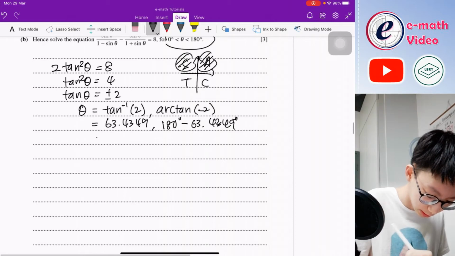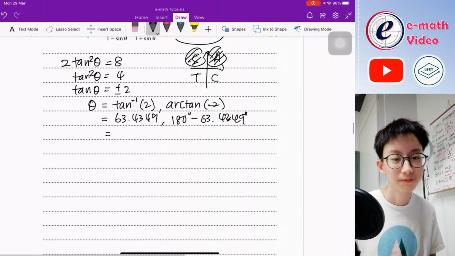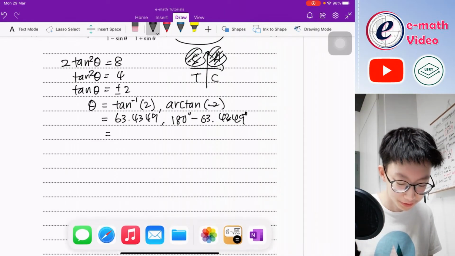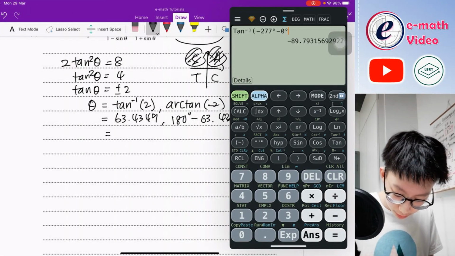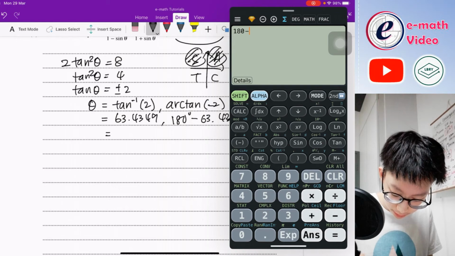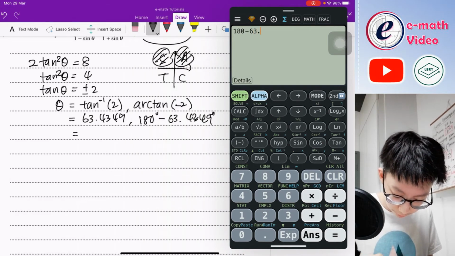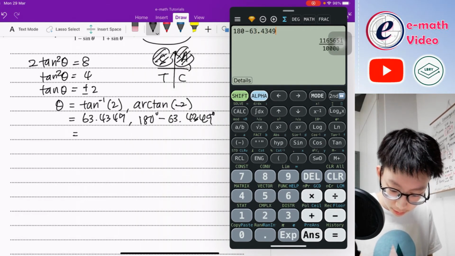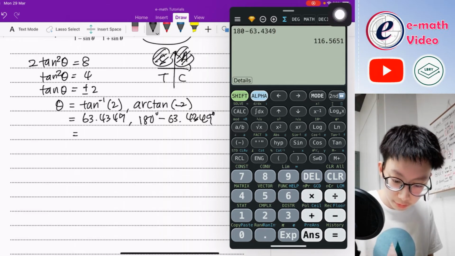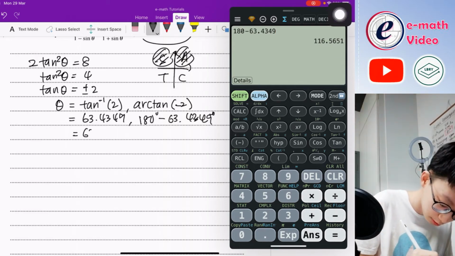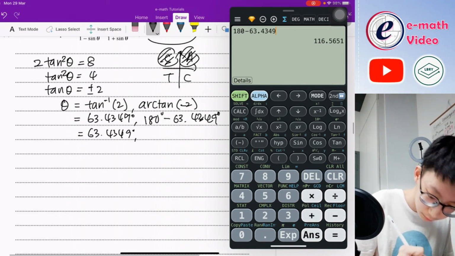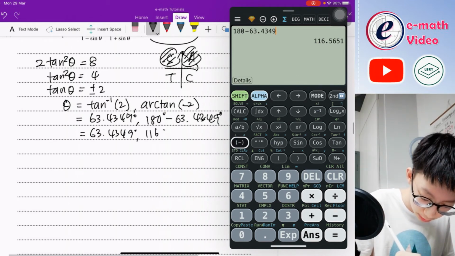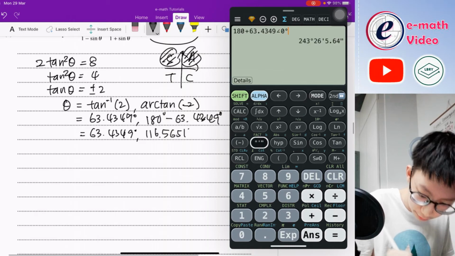Degrees. Then I need a calculator, so sorry about that. 180 minus 63.4349 is 116.5651 degrees. Remember the unit is degrees.